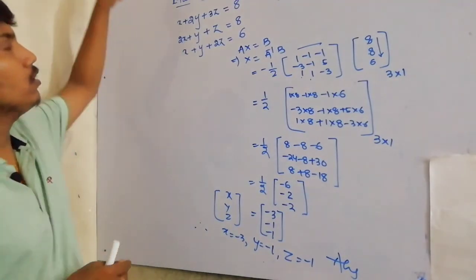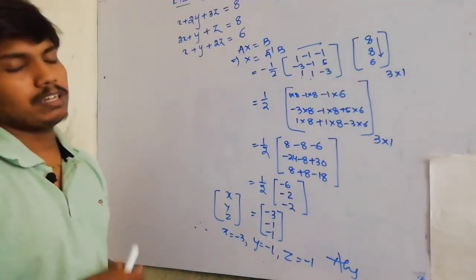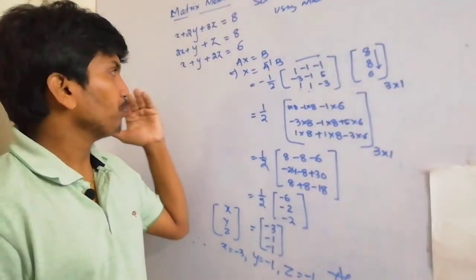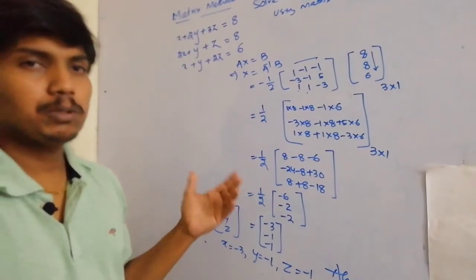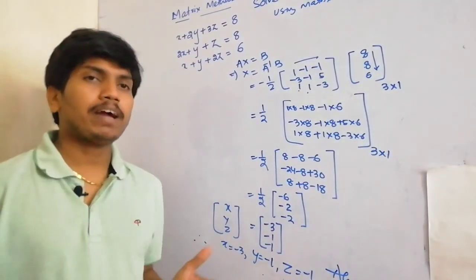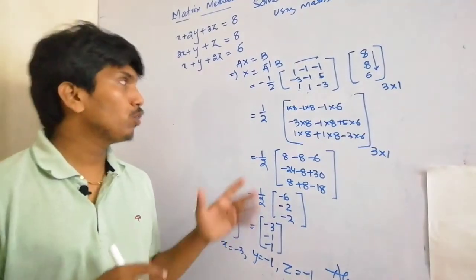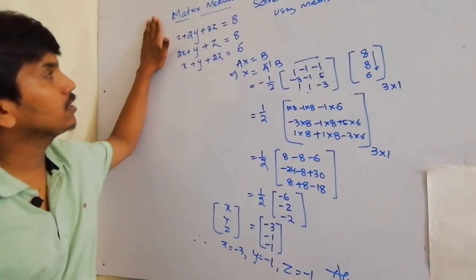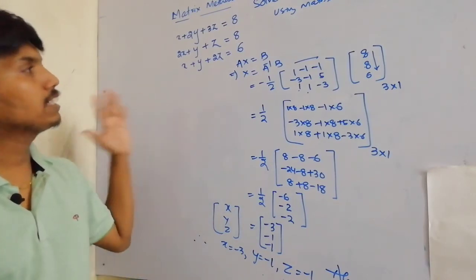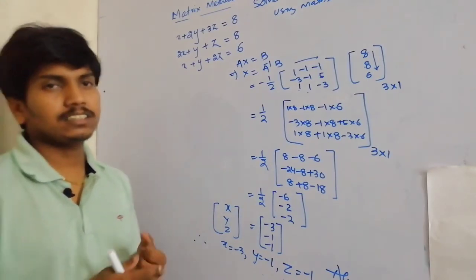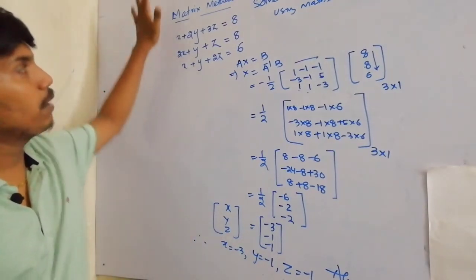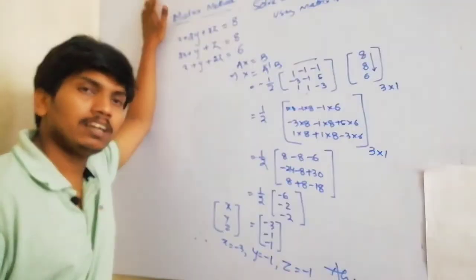So before going through this matrix method, you need previous knowledge about multiplication, inverse, expansion, and the cofactor matrix. This is a very important method, and every year a 5-mark question on it is asked in the question paper. From the exam point of view, this matrix method is very important.